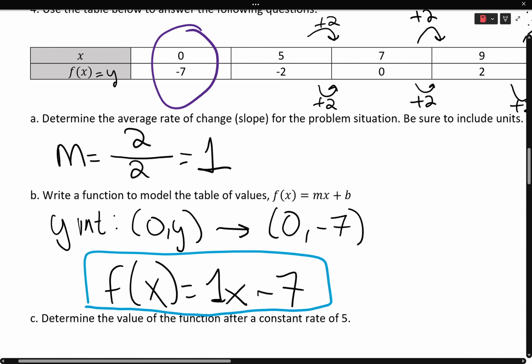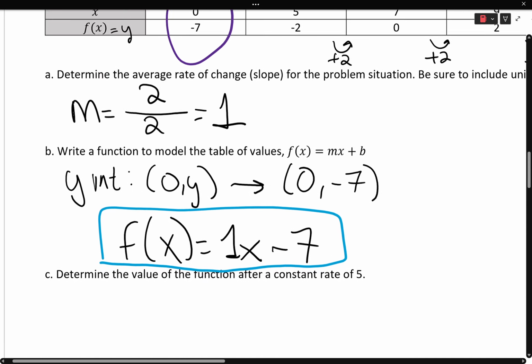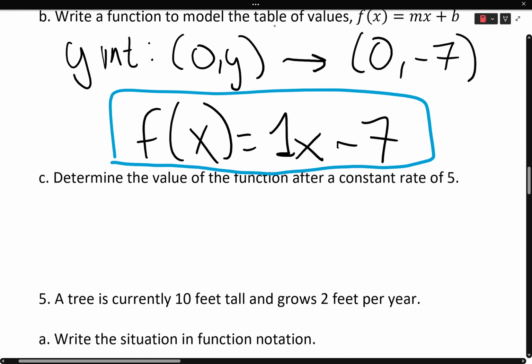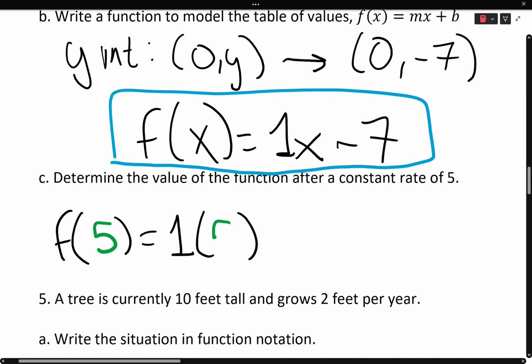Just like the previous problem, let's determine the value of the function after a constant rate of 5. That means we're going to take the function from above, and we're going to plug 5 into it. So f of 5 equals 1 times 5 minus 7, which is negative 2.